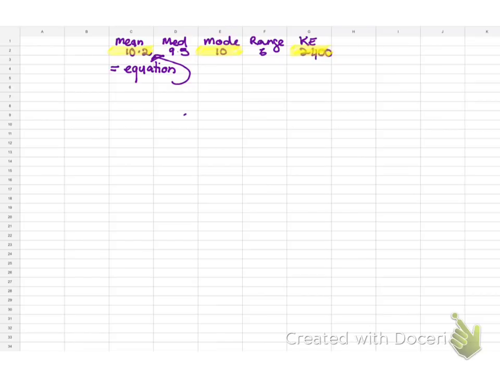You have to type the equation in there instead of just a number, and I need you to do that 3 times. Okay, so you can prove you can put equations into a spreadsheet. Okay, you are marked on how you do those equations.